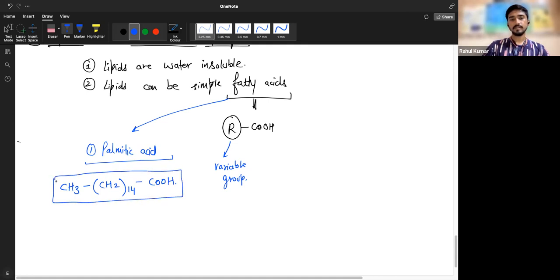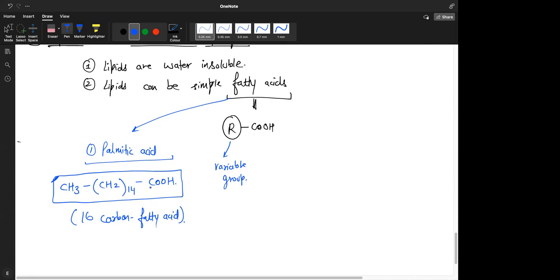This is palmitic acid, and this was asked in one question. You can write down palmitic acid has 16 carbons, so it is a 16 carbon fatty acid. Now you can imagine howsoever long a chain you can make, you can make a fatty acid of that number of carbons. So 14 comes from CH2 groups, one is from CH3, and one from the carboxylic group. Okay, is it clear?